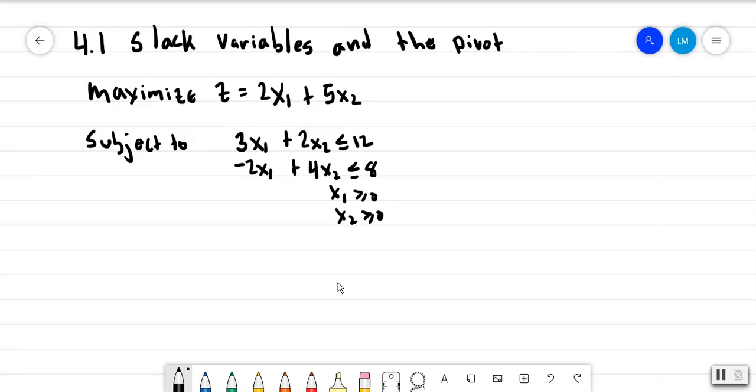Hello. In this video, I'm going to talk about slack variables and the pivot. So, in chapter 3, we looked at maximization of linear programming problems, and we were always given an objective function.